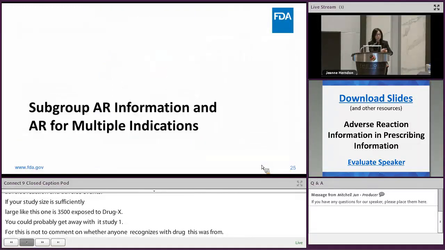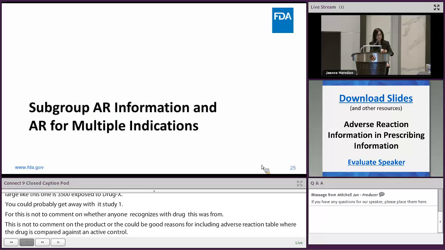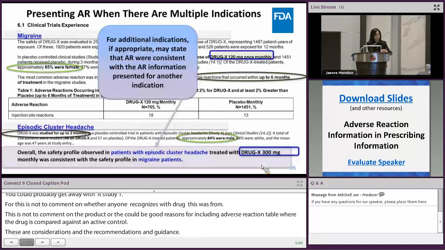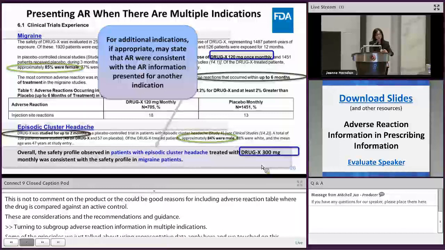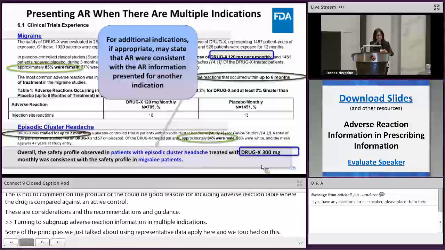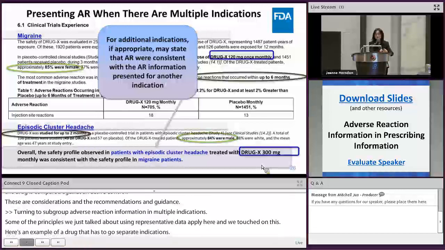Okay, so turning to subgroup adverse reaction information and multiple indications. Some of the principles that we just talked about using representative data apply here, and we kind of touched on this. Here's an example of a drug that has 2 separate indications. One is for migraine, and then subsequently another indication came in for episodic cluster headache. It's a pretty benign drug, a pretty non-toxic drug.